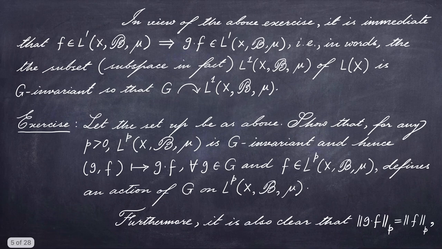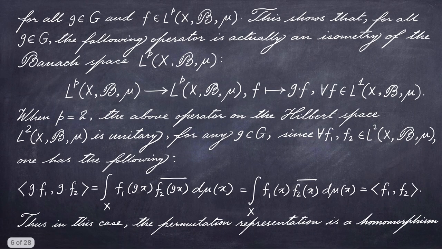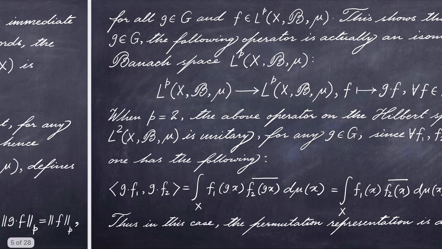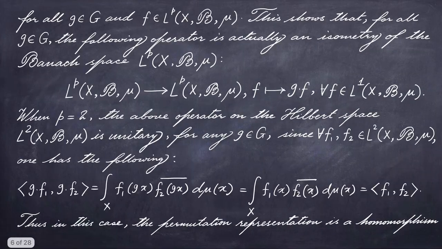So in this action of G on this Banach space LP, for each g, the map that we obtain is of course a linear map, and it preserves the norm. Therefore, each small g yields an isometry of this Banach space.